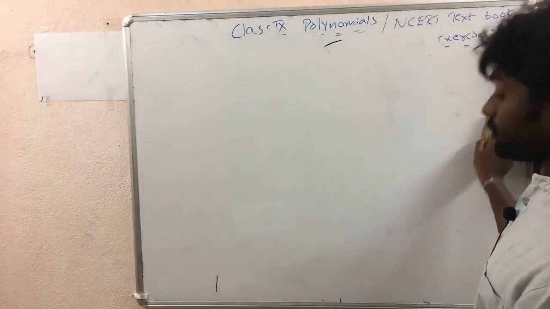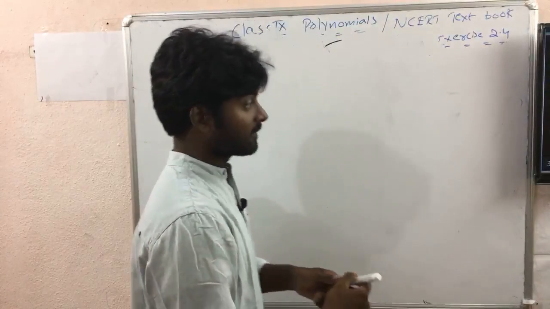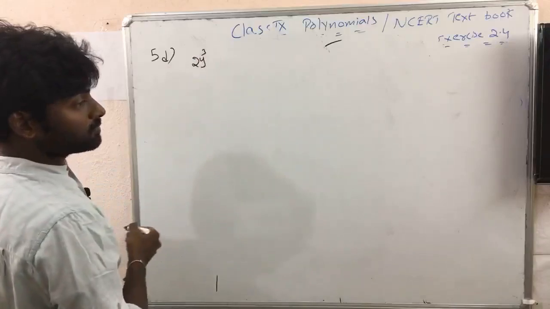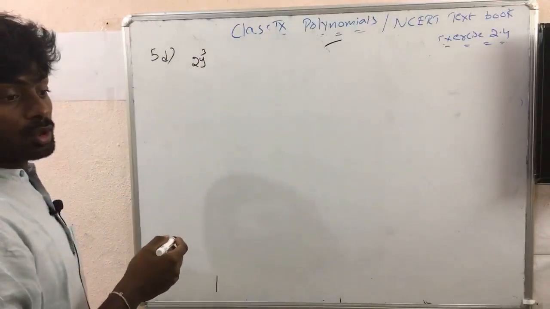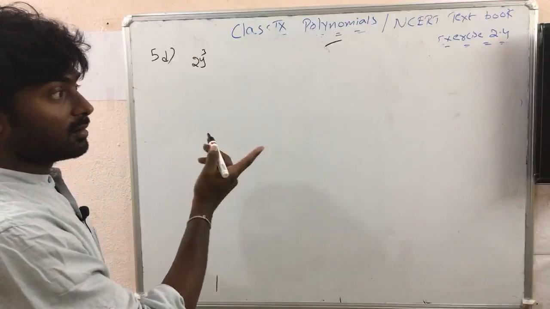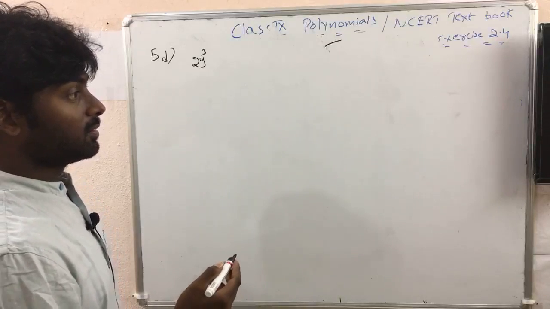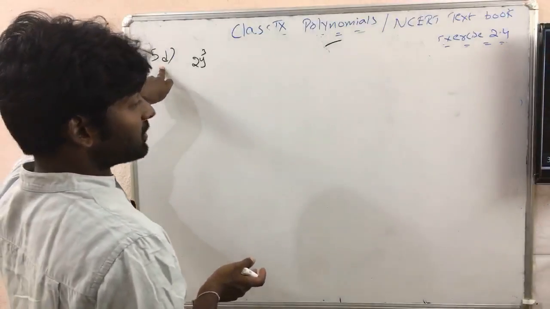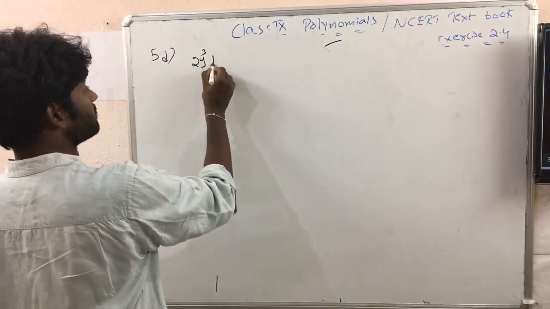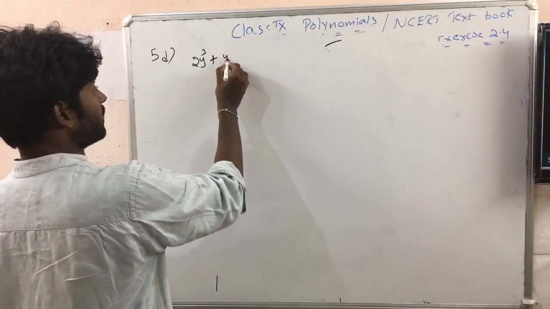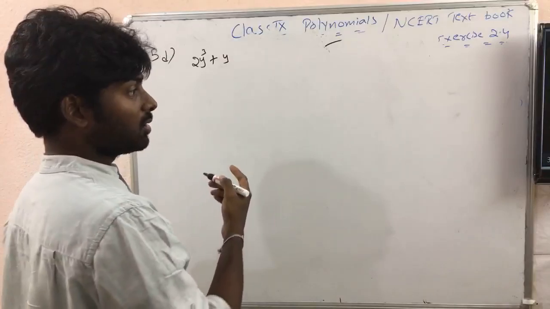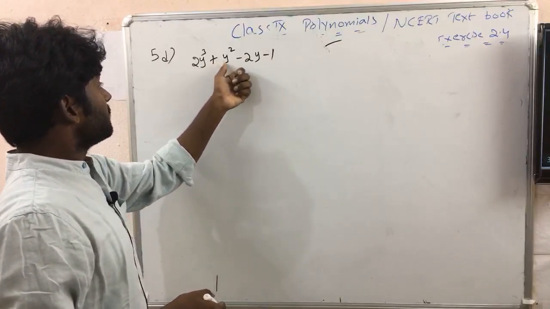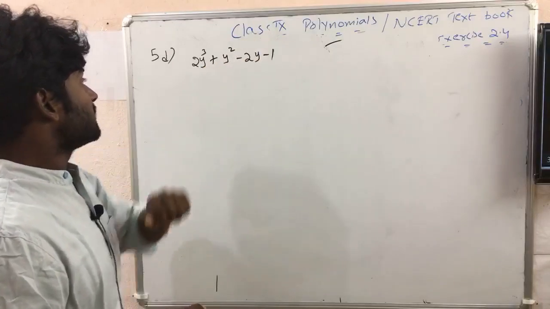The last sum in exercise 2.4, the fifth one, fourth sum: 2y cube plus y square minus 2y minus 1.